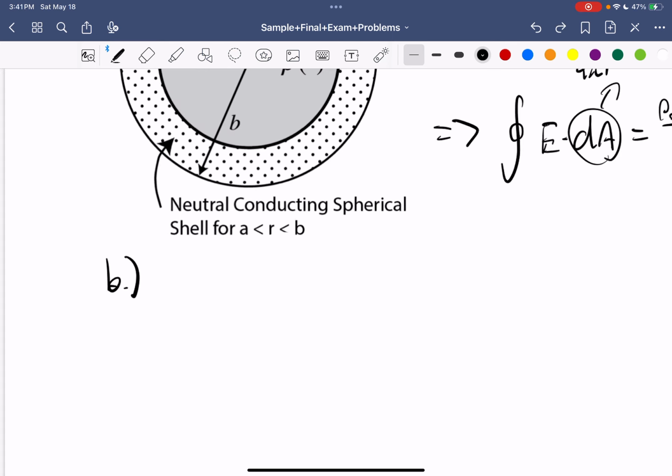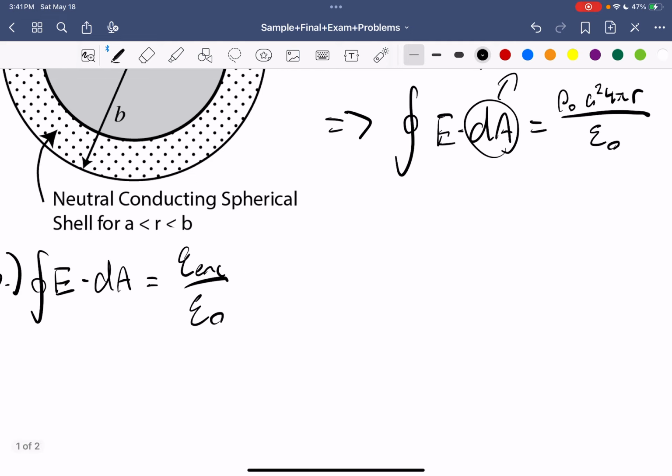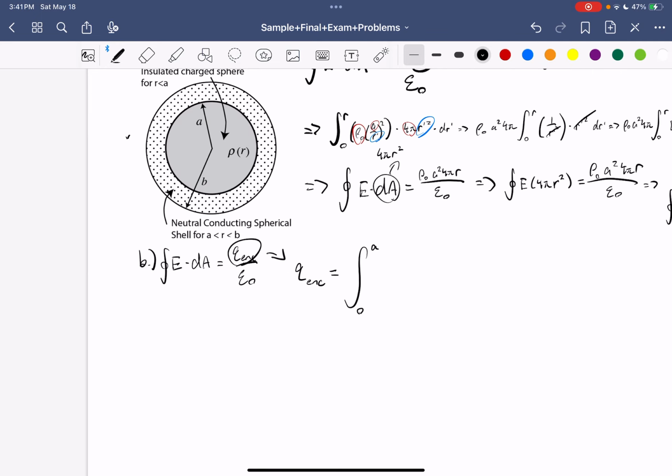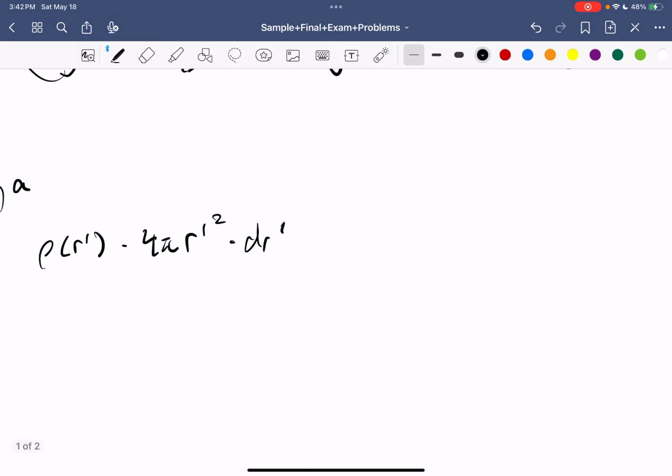So we can start off by knowing that the electric flux equals Q enclosed over epsilon naught. And Q enclosed, sorry, is going to equal the integral from 0 to a of rho of r prime times 4 pi r prime squared times dr prime.